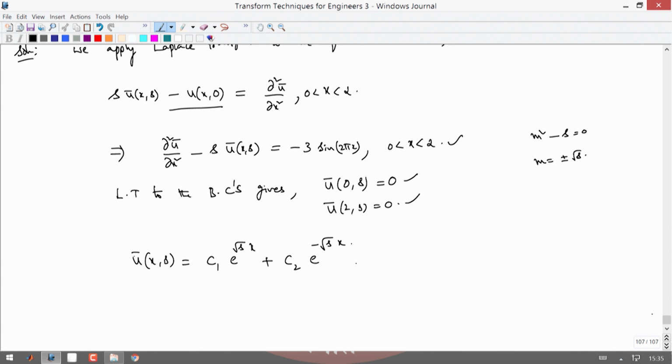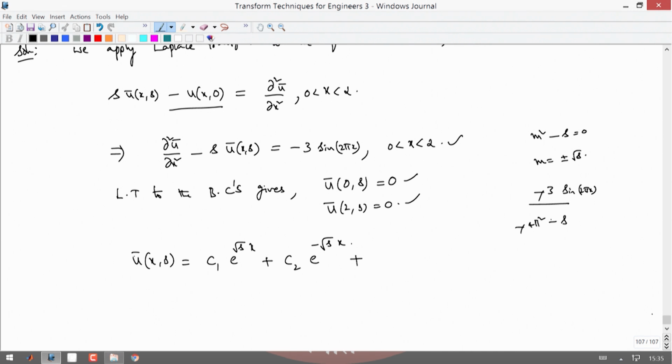So, this is your complementary function, plus the particular solution. If you apply the shortcut method, 1 over the operator D² minus s, the left hand side differential operator, acting on the right hand side minus 3 sin 2πx. In place of D² you put minus 4π².